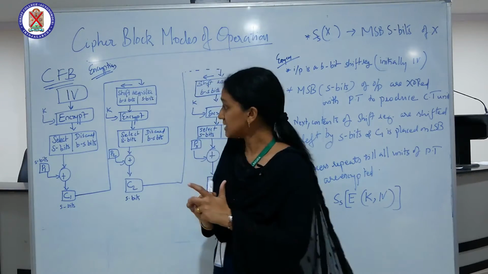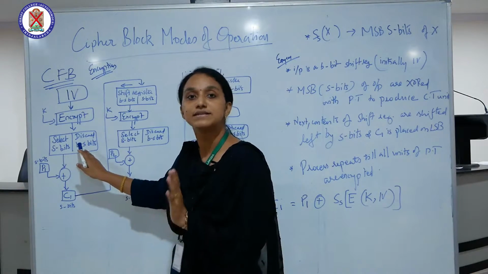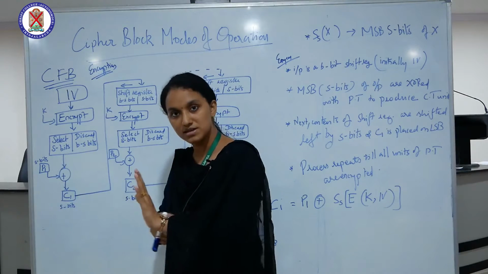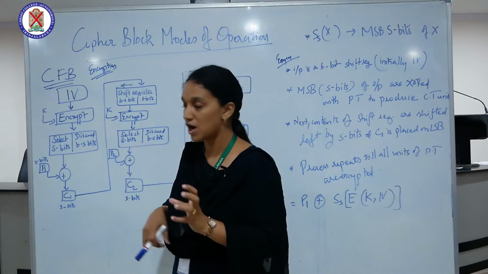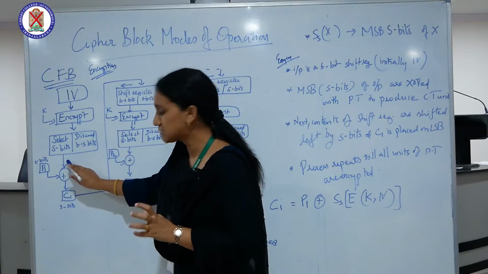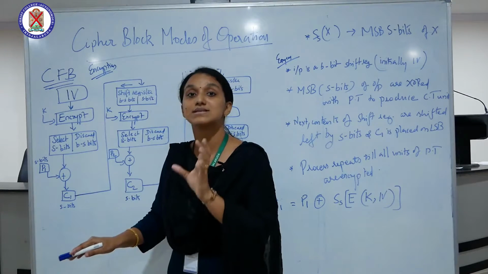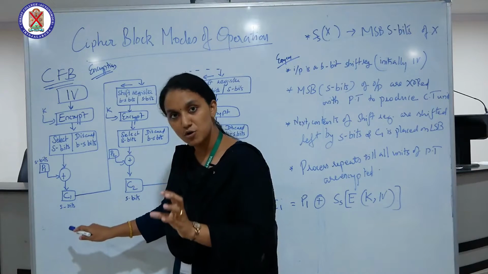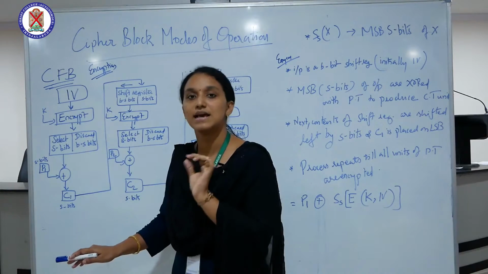So let me repeat. Here you select the S bits and you discard the B minus S bits. The selected S bits make the MSB part. Now this S bits is XORed with the plain text, which is again S bits, to get the corresponding cipher text unit C1, which is again S bits.